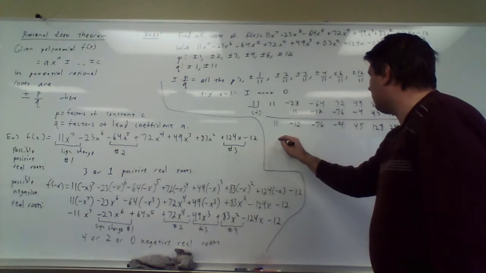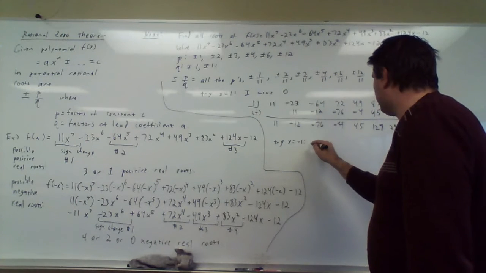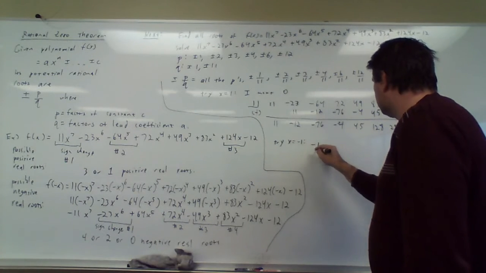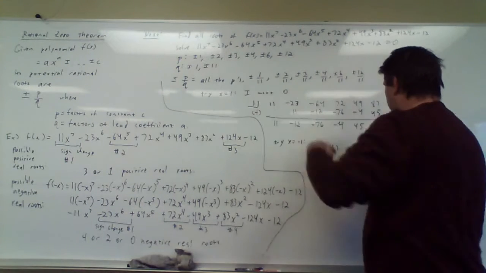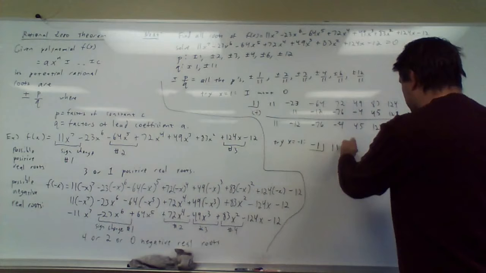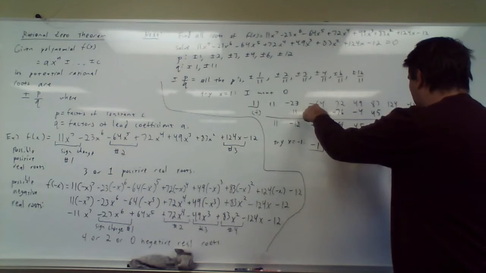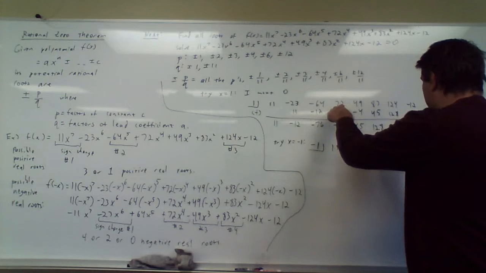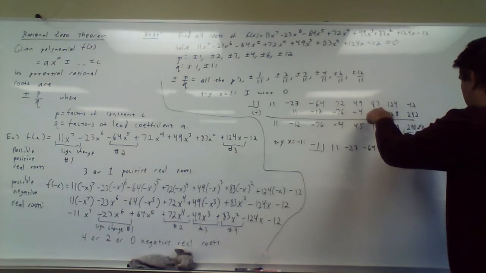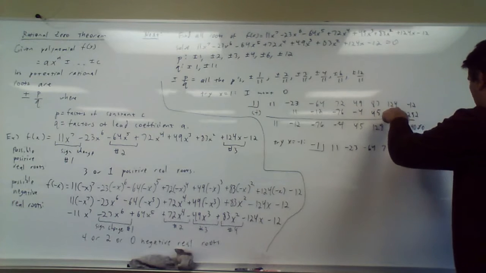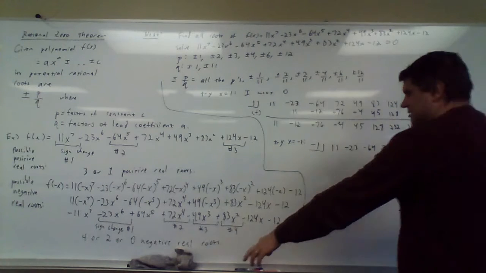Next, we'll try negative 1. So I'll have negative 1 in the box. 11, negative 23, negative 64, 72, 49, 83, 124, and negative 12. I'm going to have to move this down.